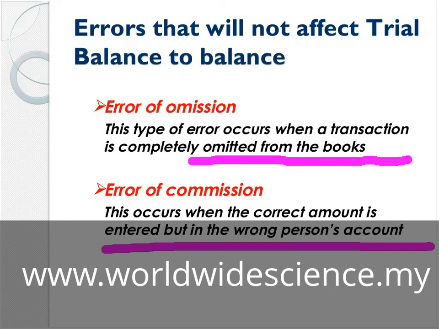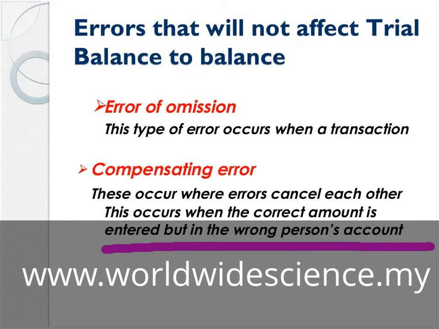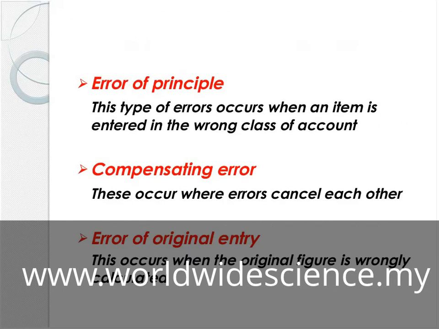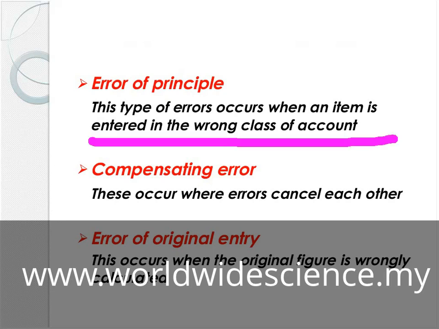We have some error of principle. This type of error occurs when an item is entered in the wrong class of account. For example, we think that it's an expense, but it's not an expense. It should still be on the assets side because we haven't paid the money.